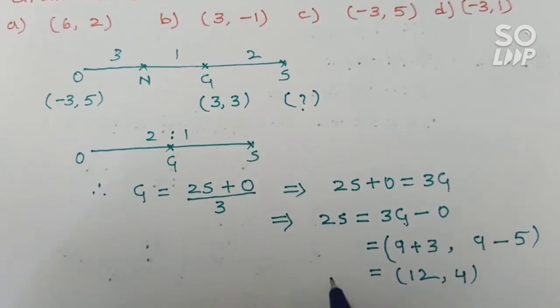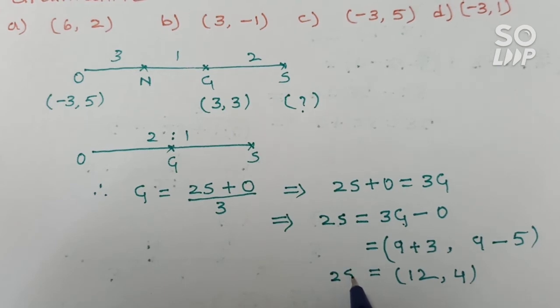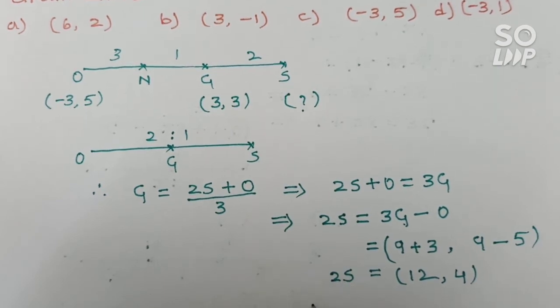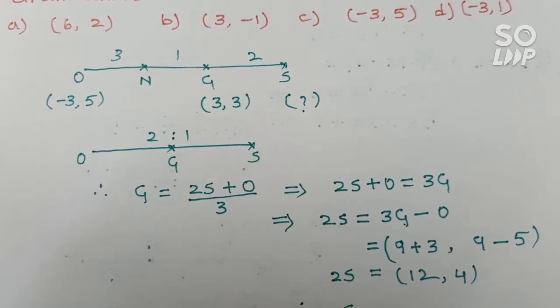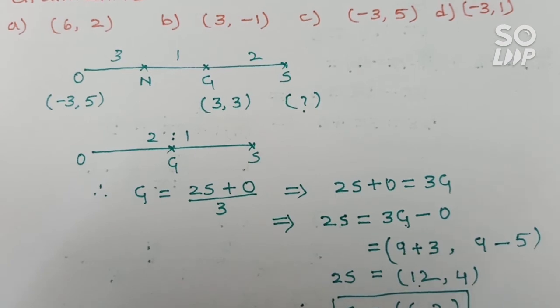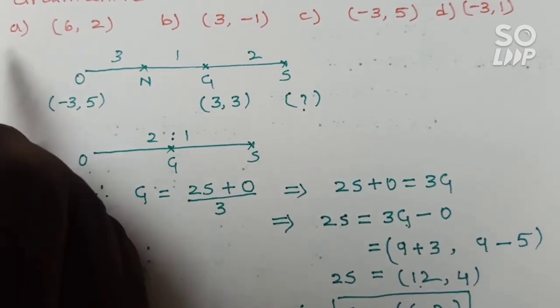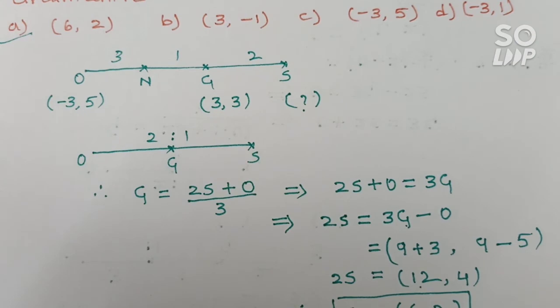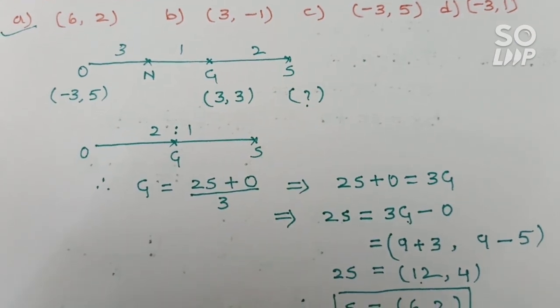So this is the value of 2S. Now S is what? Divide these two coordinates by 2: 6, 2. So the circumcenter is 6, 2, the required answer. The correct option is A.